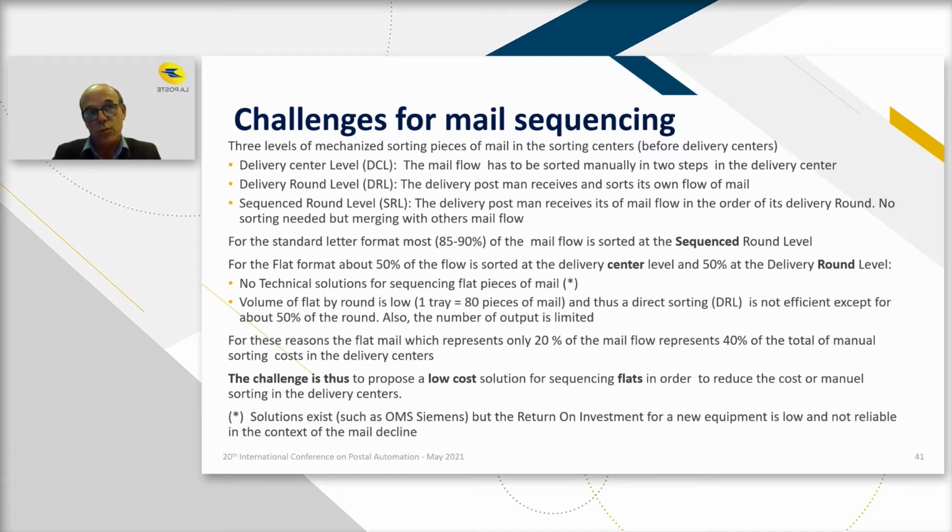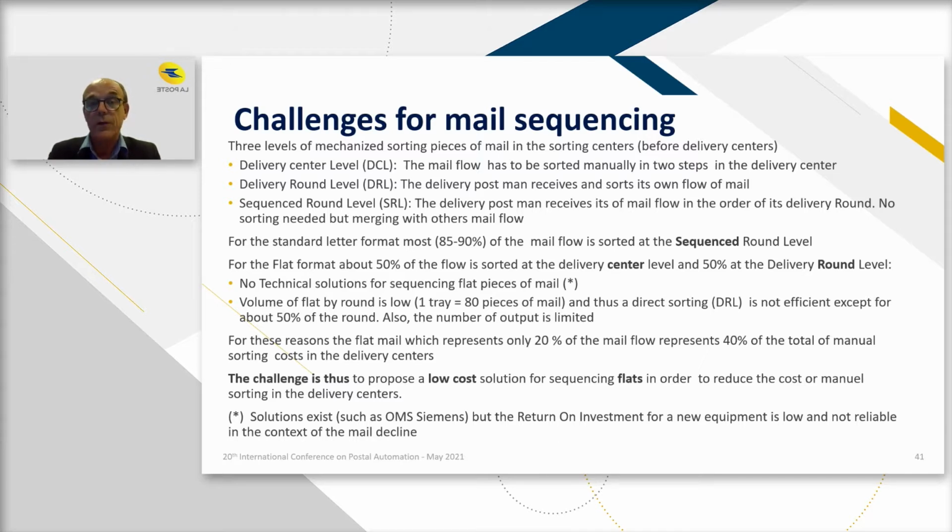There is a part of this mail which cannot be sorted at this level because it is difficult to read the address, for example, and also because we have little time for that. But technically, we are about to have a very high level of sequenced sorting for this flow.